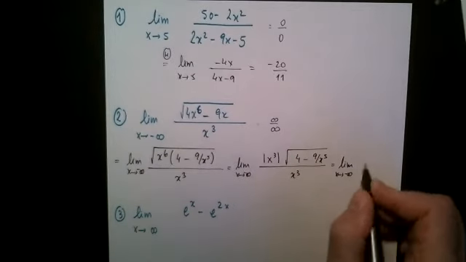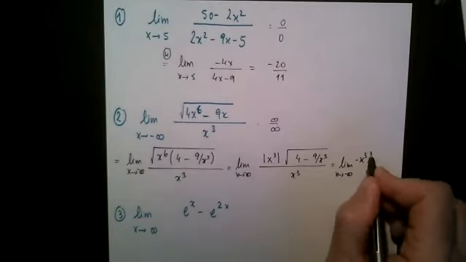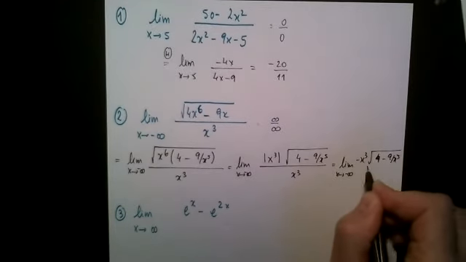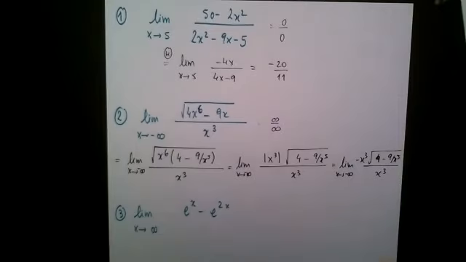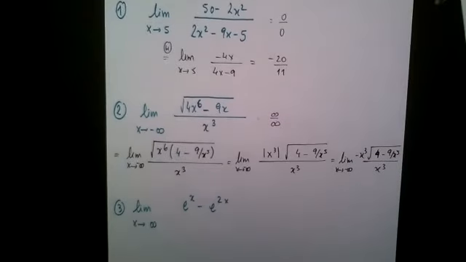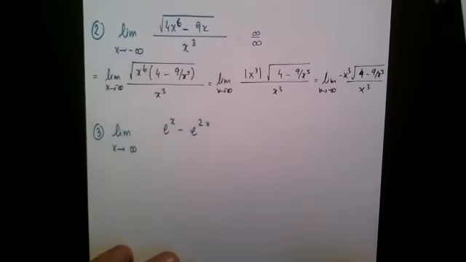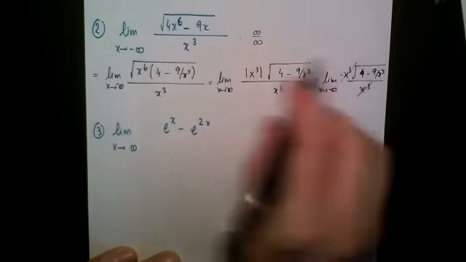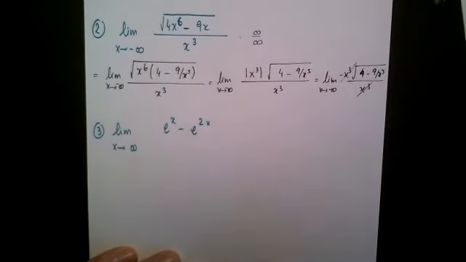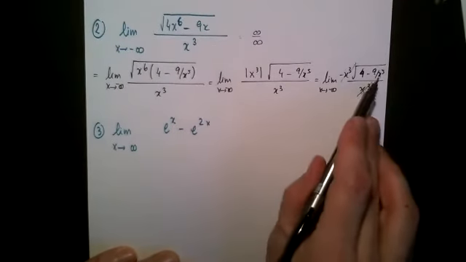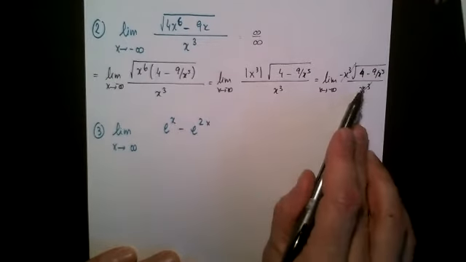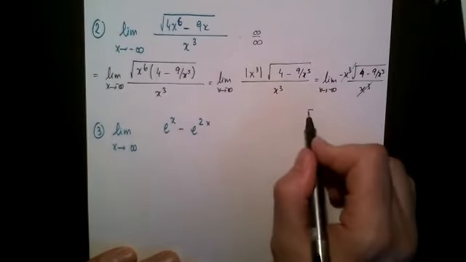So the limit as x approaches negative infinity of negative x cubed times the square root of 4 minus 9 over x⁵, over x cubed. Okay, and now I can cross out the x cubes. And if x is going to infinity, 9 over x⁵ becomes a 0. The square root of 4 over 1 is 2, so I get negative 2.